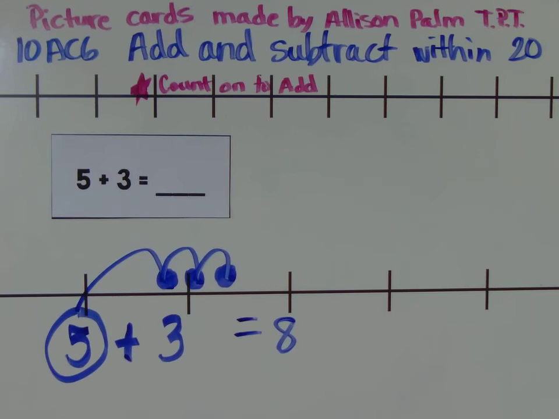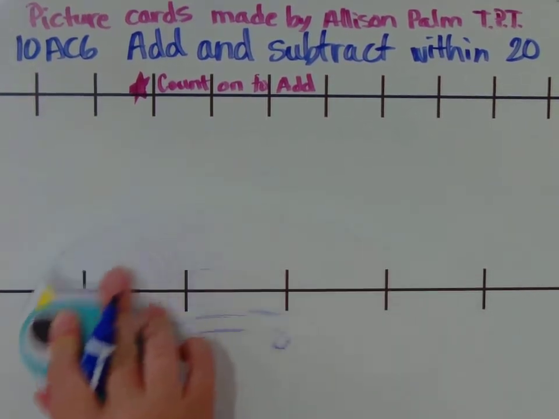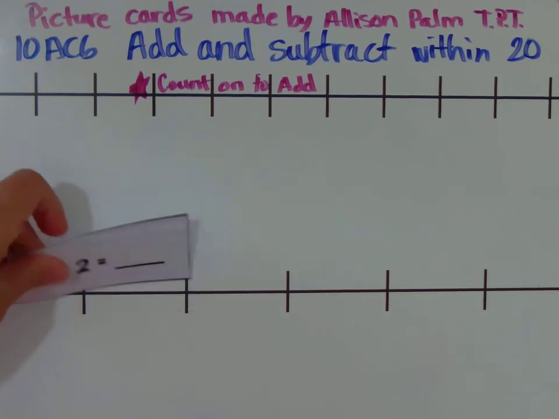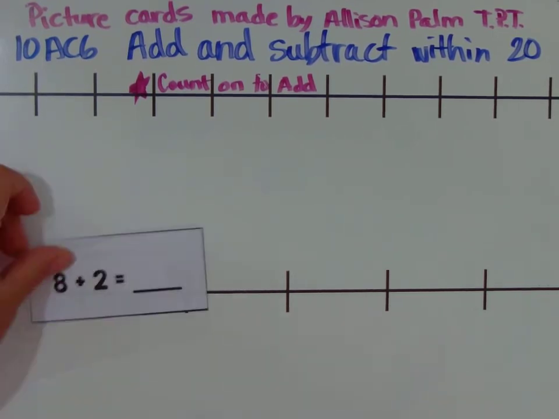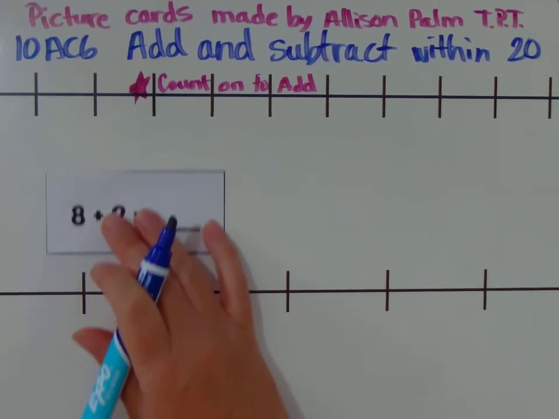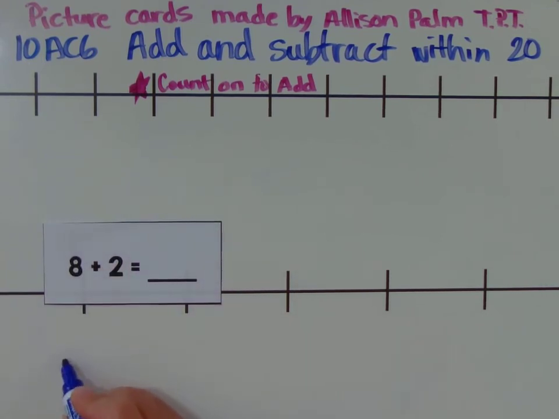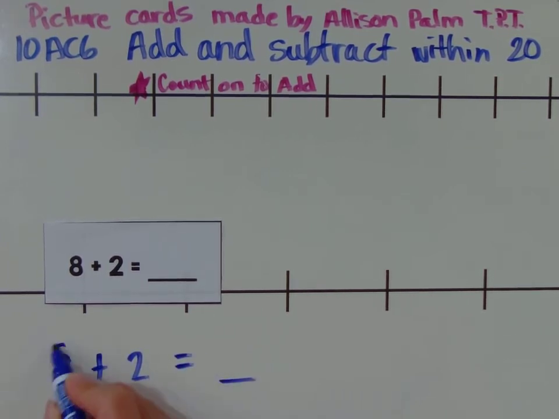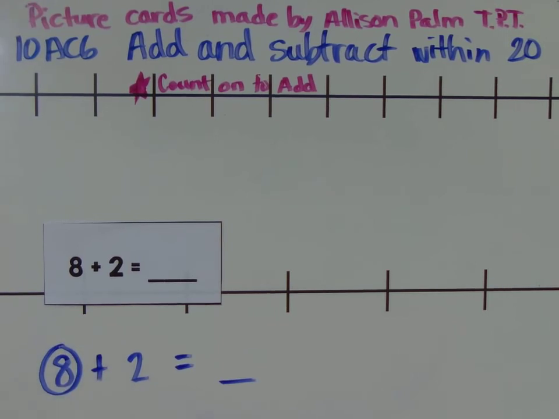Let's do another card. The next card says 8 plus 2. So let's write 8 on our board plus 2 equals blank. I'm circling the number I'm going to start counting with.